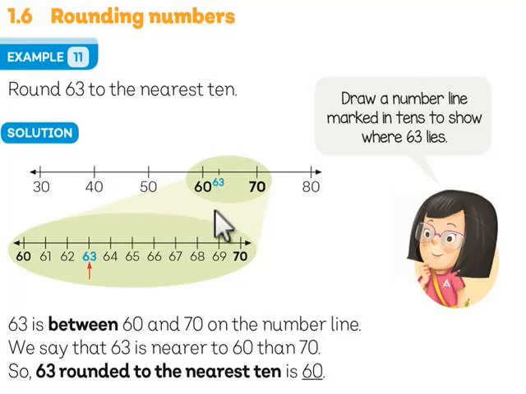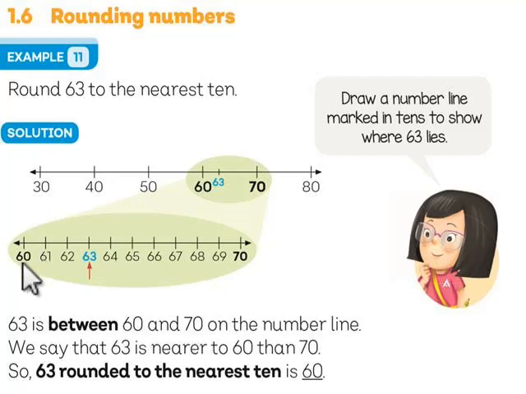Okay, if we make a number line from 60 to 70, here is the number line from 60 to 70: 60, 61, 62, 63, 64, 65, 66, 67, 68, 69, 70. So here, 63 is between 60 and 70.